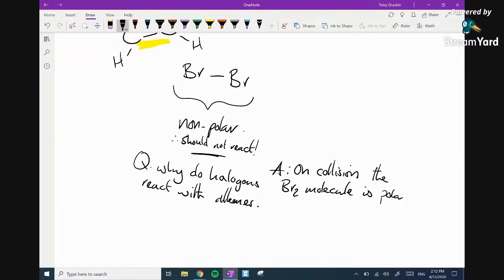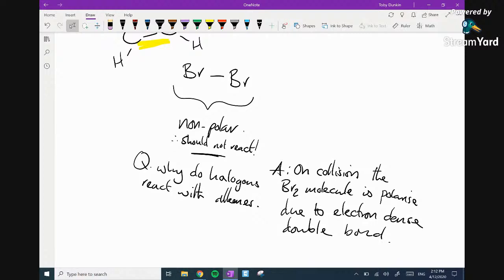So what that's saying is that it is polarized due to the electron dense double bond. There we go. So what's happening here?